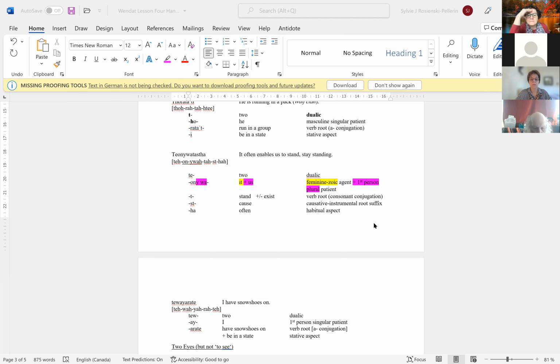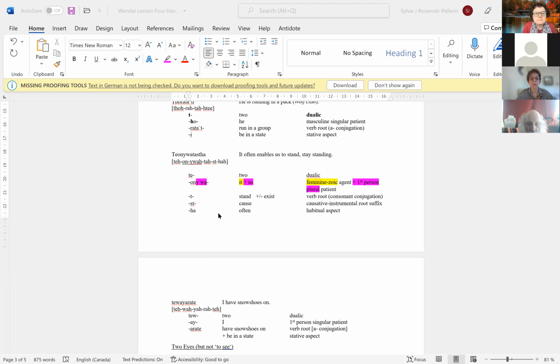This particular one is limited to just sort of saying, okay, it's causing something, it's enabling something to happen. It's a fairly common root suffix. When you see an ST near the end of the word, you can pretty well know, okay, that's what it is.